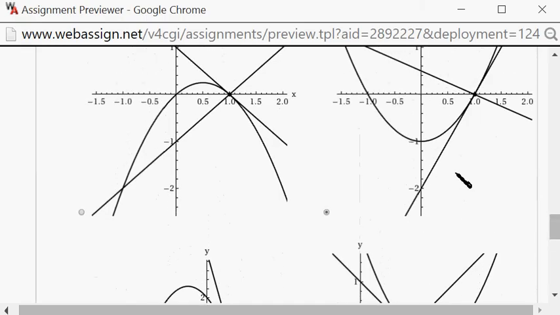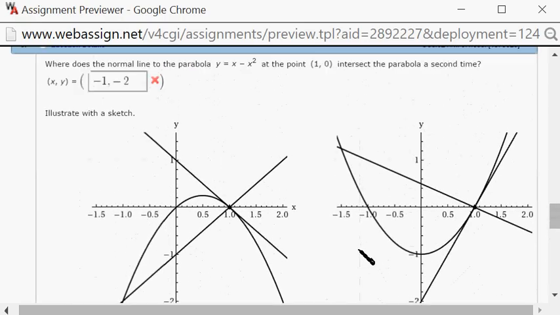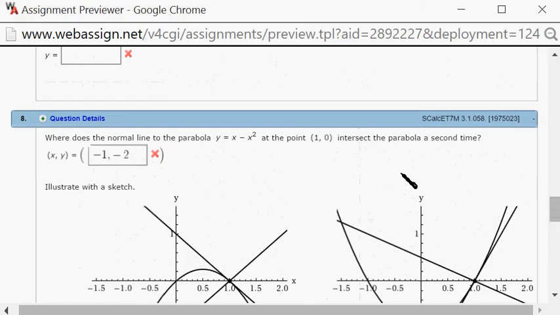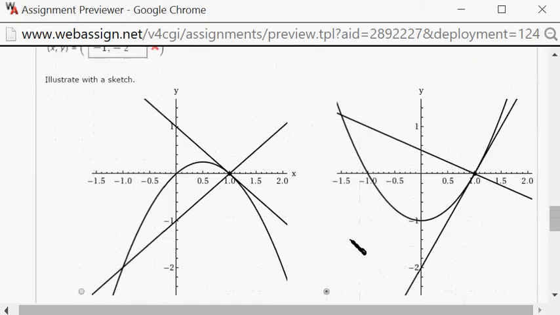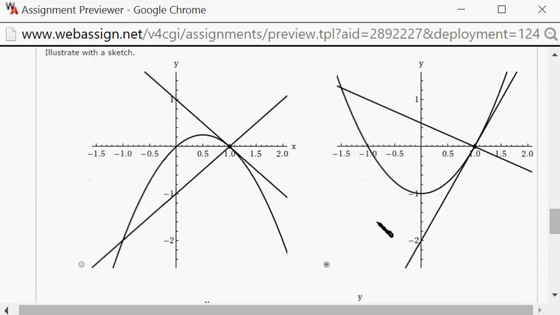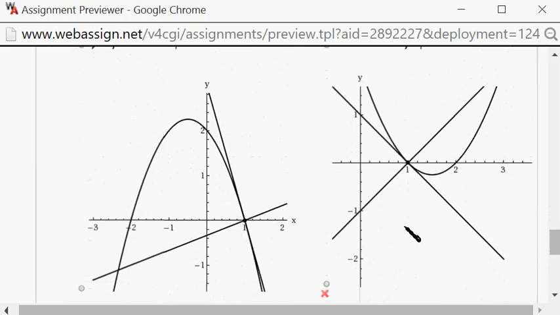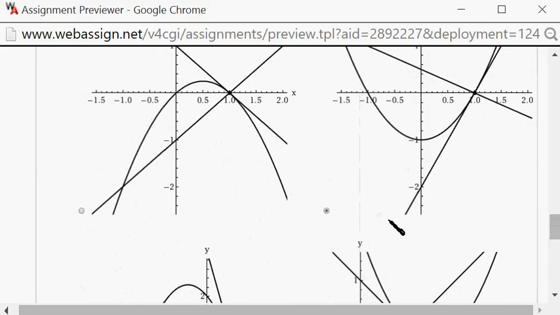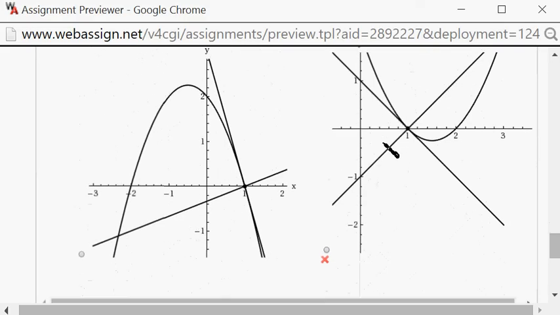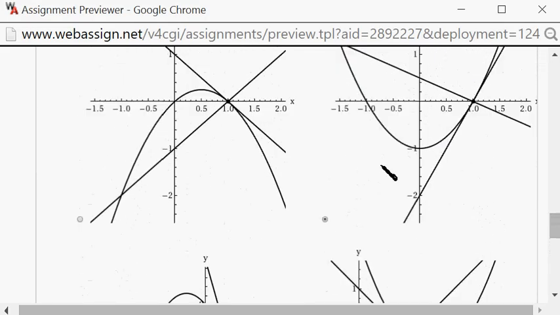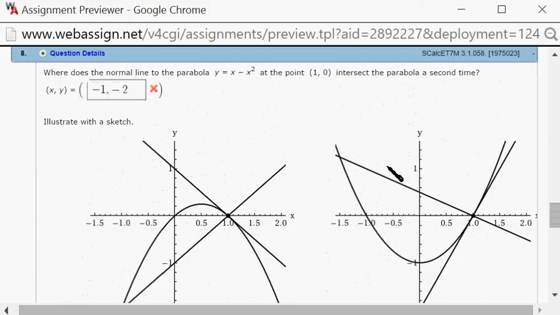Then we look at the point (1, 0). You have a tangent line and a normal line. That looks good, and this one also looks good. The only difference is that we have a different kind of parabola here.